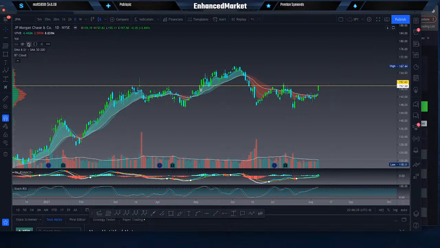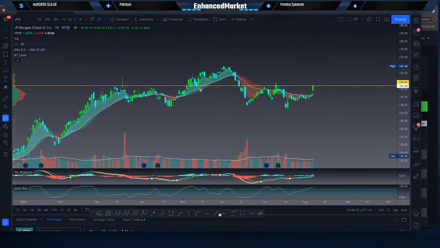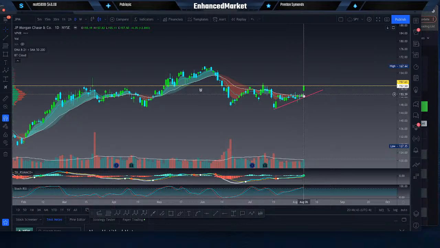EMAs are right here on the left-hand side. I used the 8 and 21 EMA. So what do we need to do? We need to get over this 157.63 level. We do have an 8/21 EMA cross to the upside, right? We did just cross, which is bullish as could be. We have increased volume.